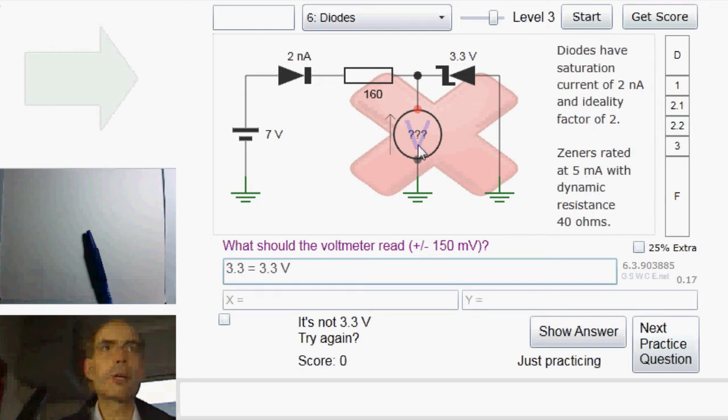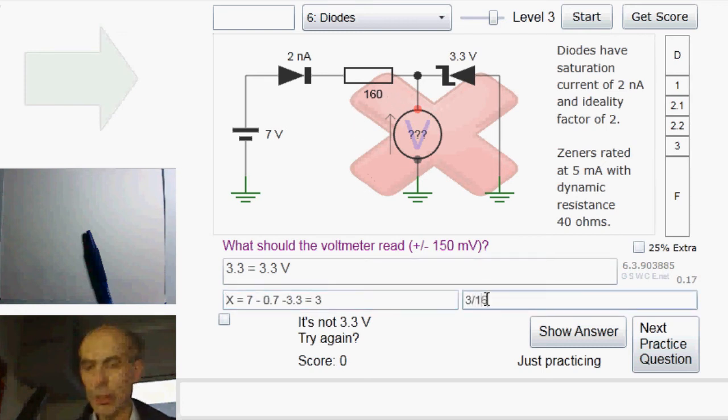We could estimate the current that it actually does have flowing through it by taking the 7 volts of the voltage source here, subtracting about 0.7 volts for this diode, subtracting the approximately 3.3 volts that this Zener diode will have, and that gives us 3 volts, which will drop across this resistor here.